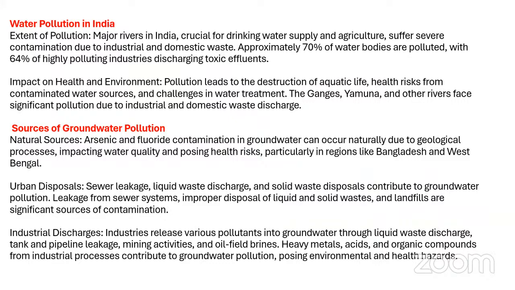So, water pollution in India: how much water is polluted? See here, approximately 70% of water bodies are polluted and 64% of the highly polluted industries are discharging toxic effluents in India. Like that, I have covered all the important text and keywords which are present in your textbook.